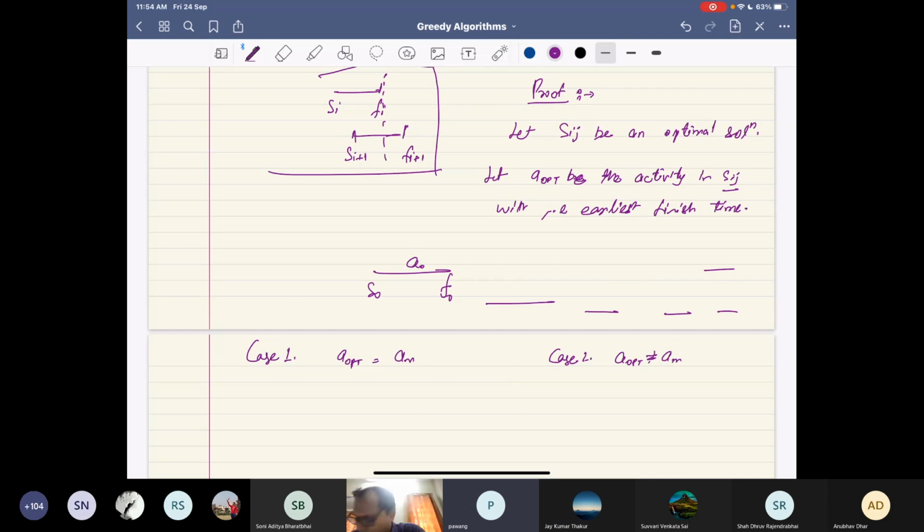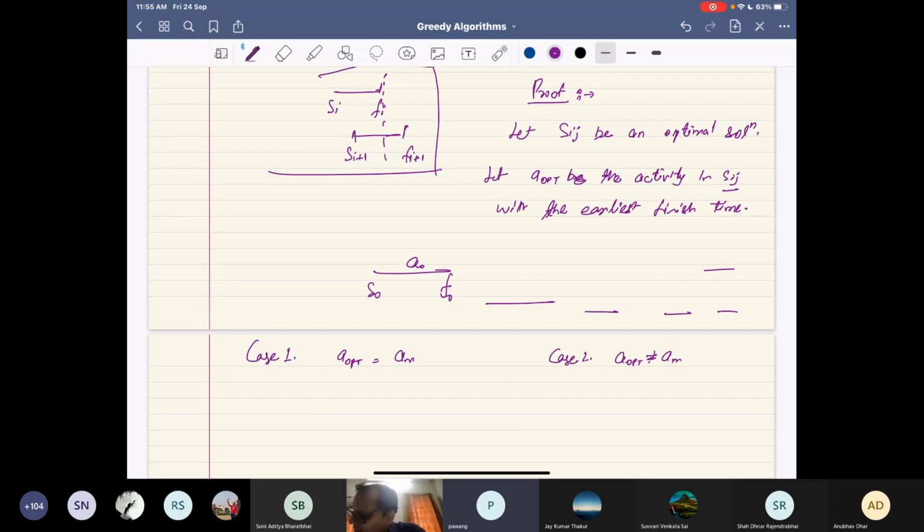No, I said it only for A0. Those were dummy activities, A0 and N plus 1. That's why I'm using a different notation. I'm calling it AOPT. AOPT would be the activity in Sij with the earliest finish time.